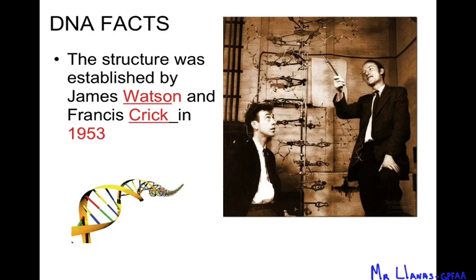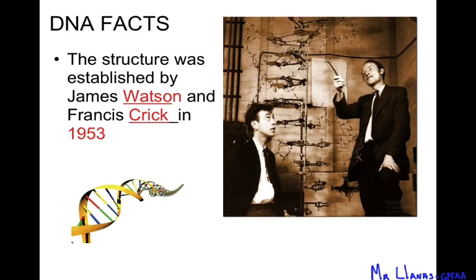Okay, and the structure was discovered, or established, by two scientists named James Watson and Francis Crick in 1953. These guys determined the structure, and they also used a lot of research by other scientists like Rosalind Franklin, who was doing X-ray diffraction.